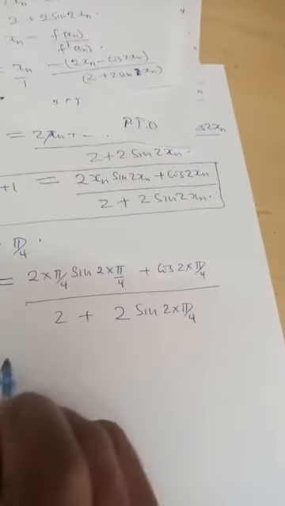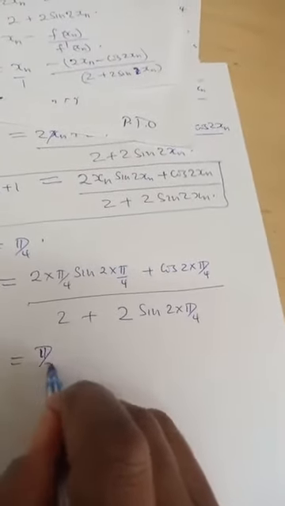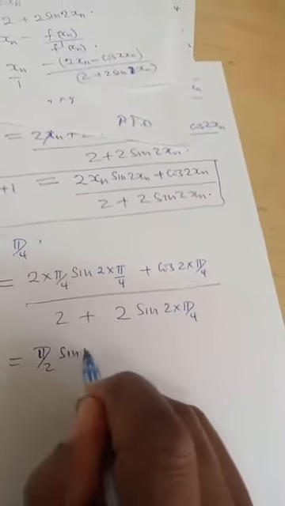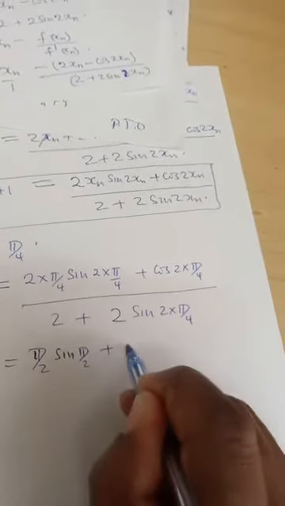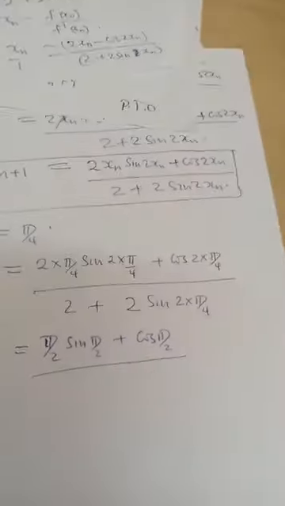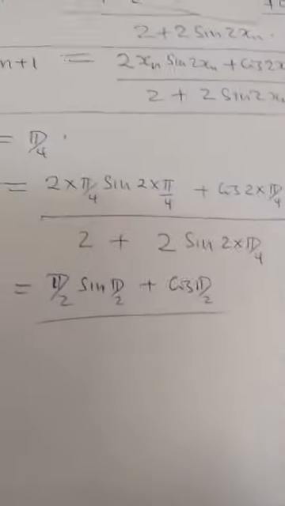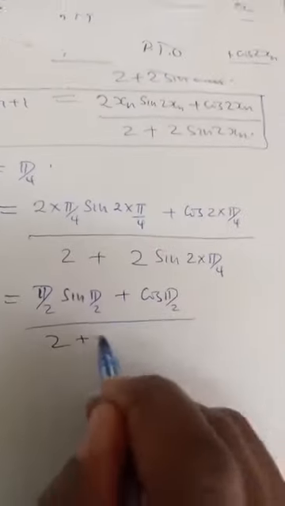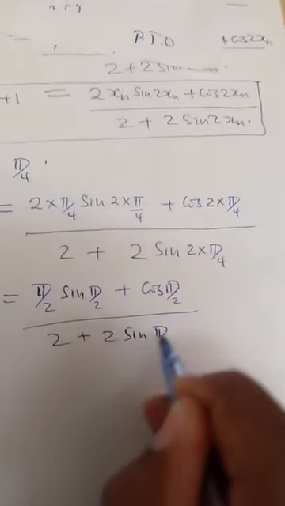By computation, this is pi out of 2 times the sine of pi out of 2 plus the cos of pi out of 2, everything over 2 plus 2 times the sine of pi out of 2.